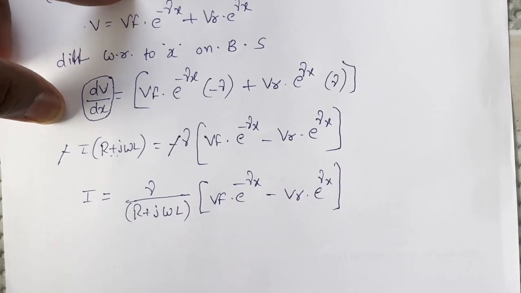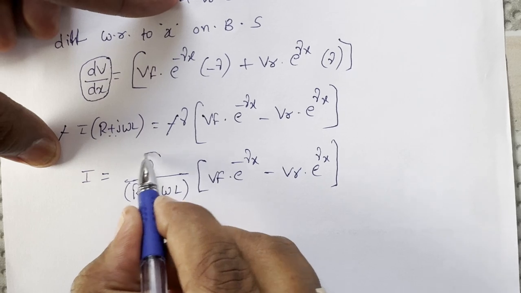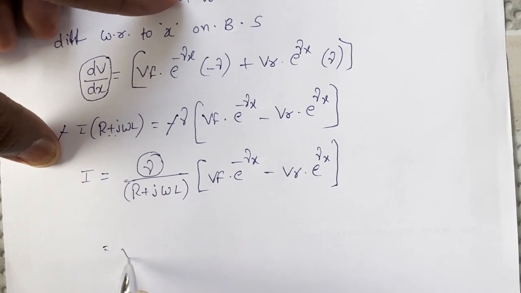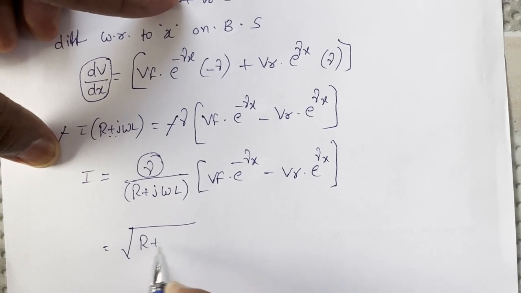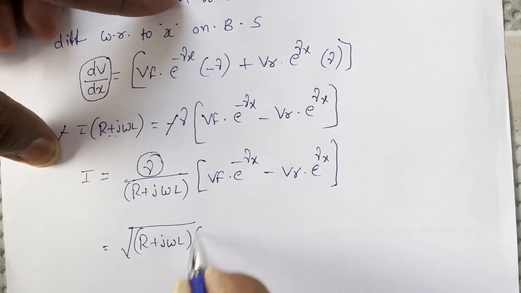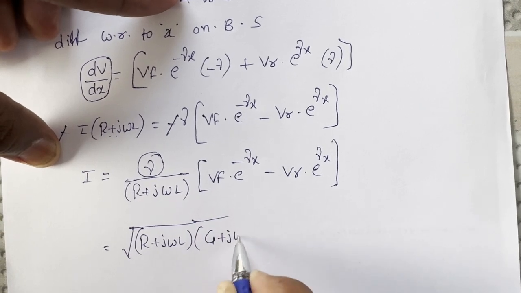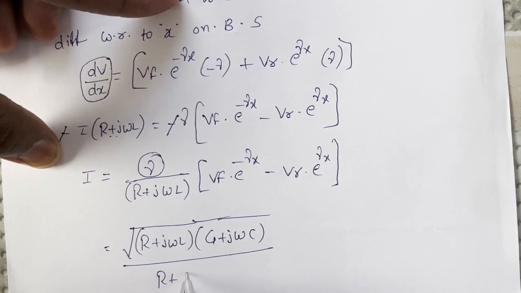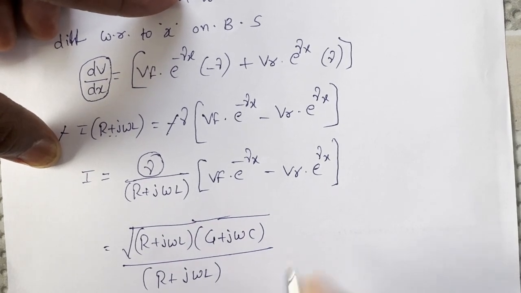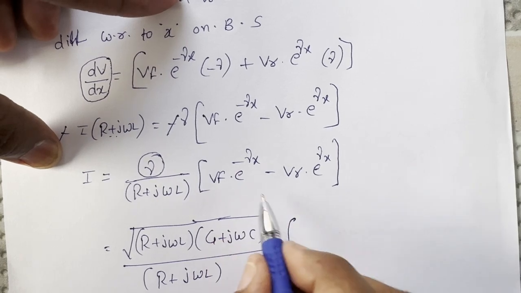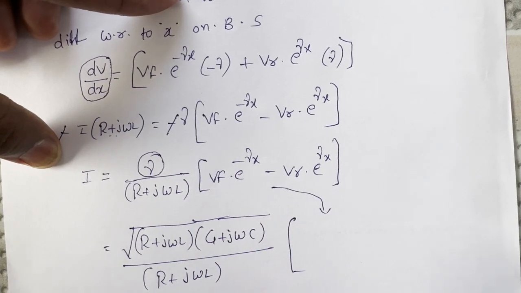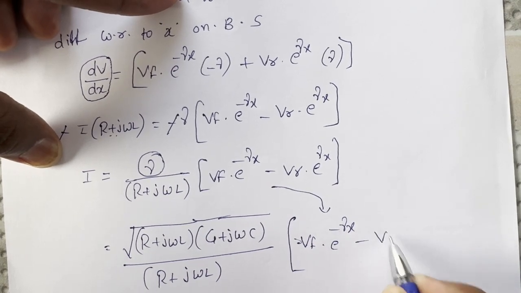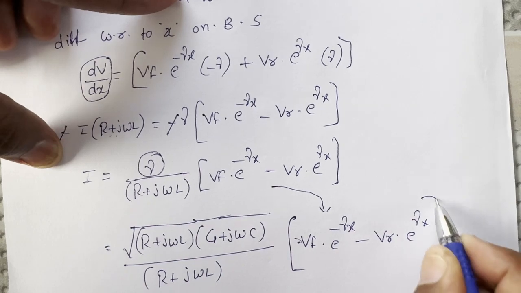The same value we get. In our previous discussion, we have the expression for gamma, that is gamma equal to square root of (R plus j omega L) into (G plus j omega C), divided by (R plus j omega L), into the rest of the terms Vf into e power minus gamma x minus Vr into e power gamma x.